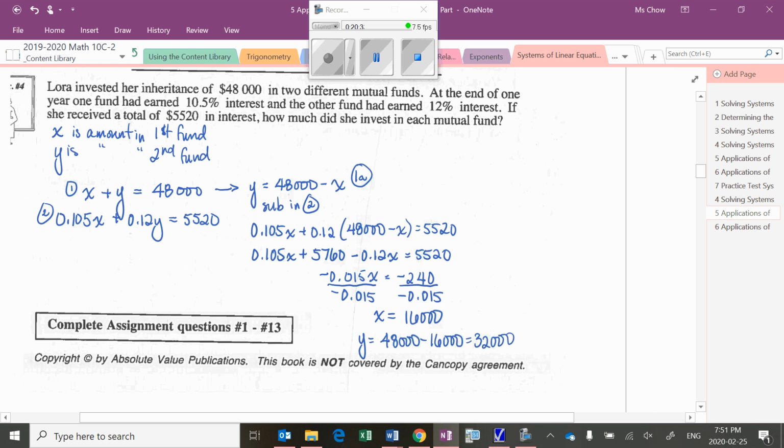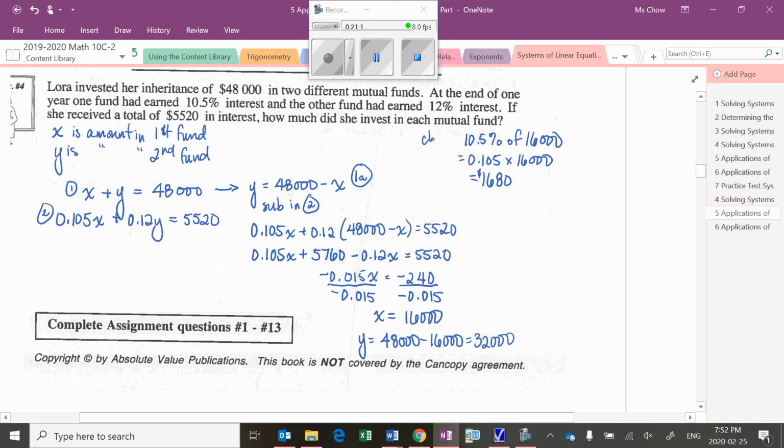If I know that I earn 10.5% interest on 16,000, so 10.5% of 16,000 is going to equal 0.105 times 16,000, and that gives us $1,680 earned in interest from that first fund.